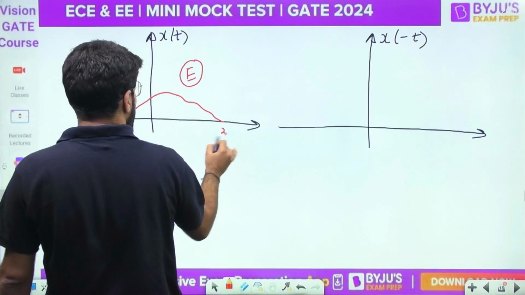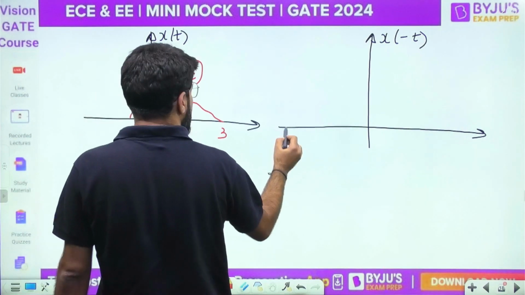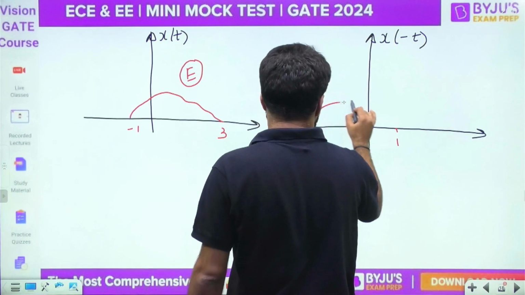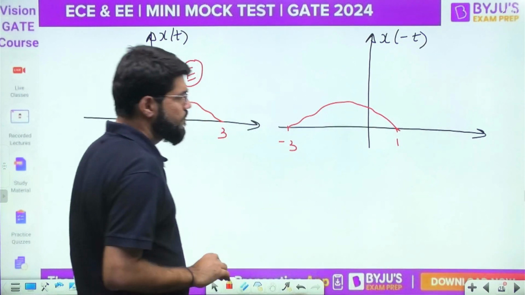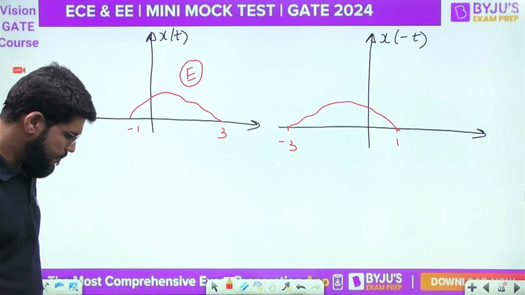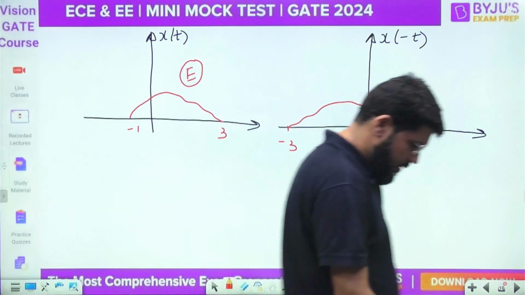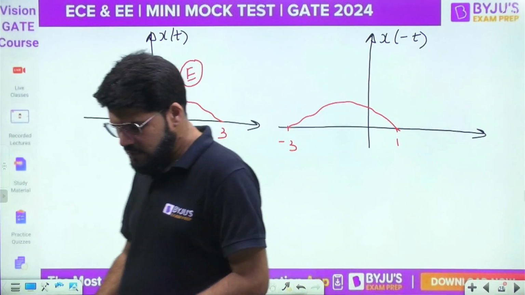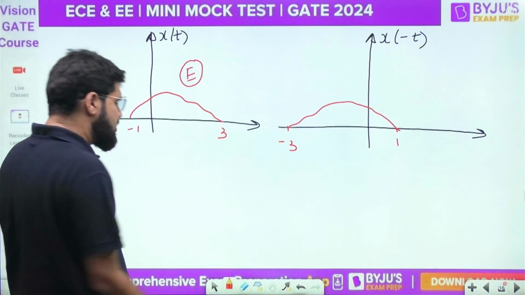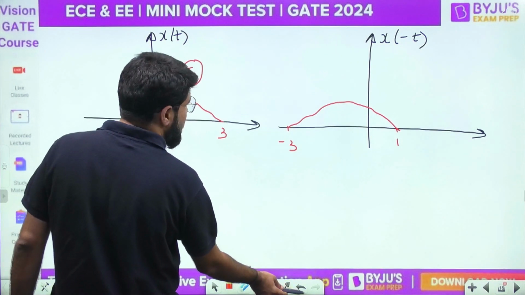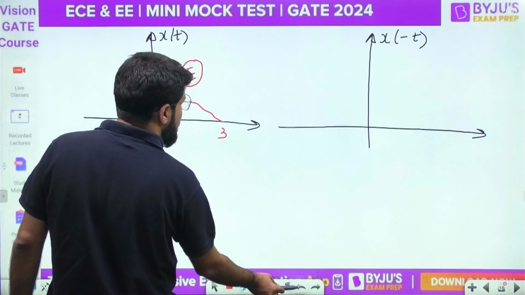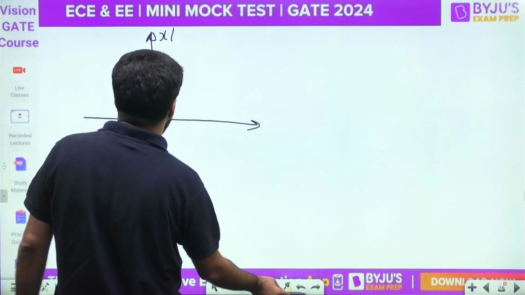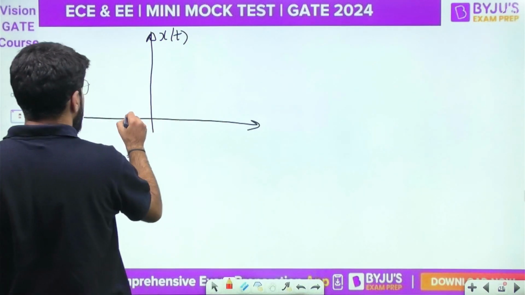Suppose this was -1. Taking an example, the mirror image will start from -3 and end at 1 now. Take the mirror image of it. If you want to keep it simple, let me explain this way.